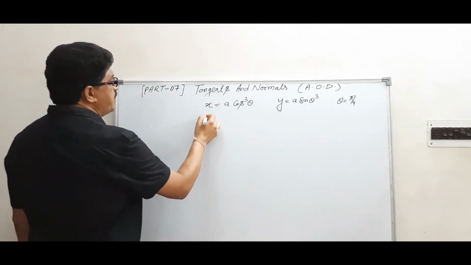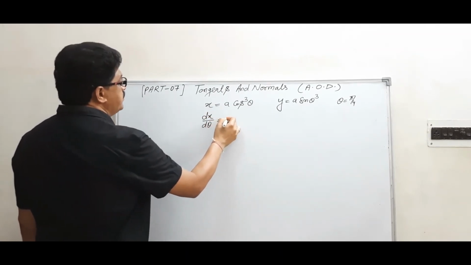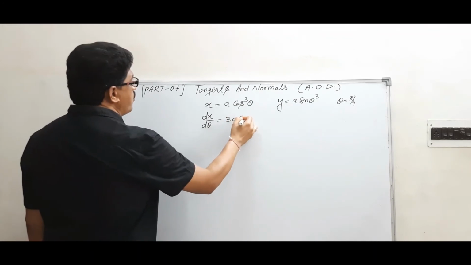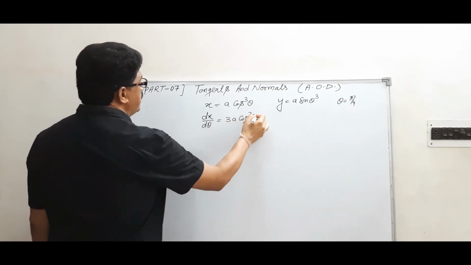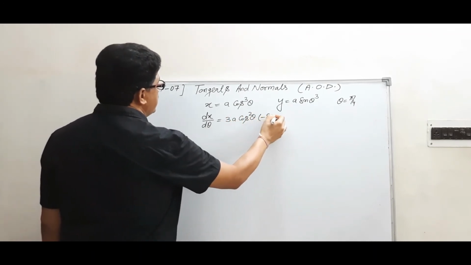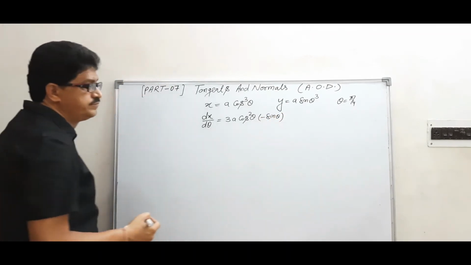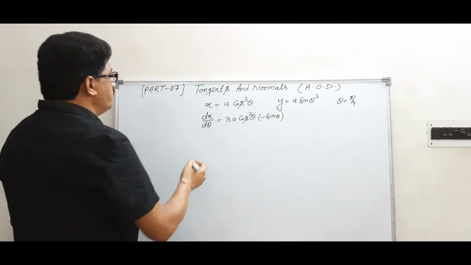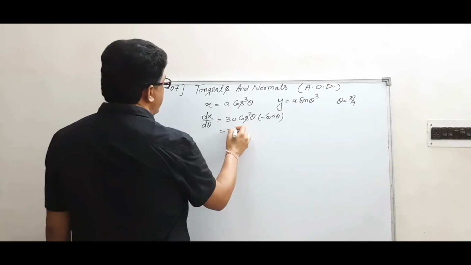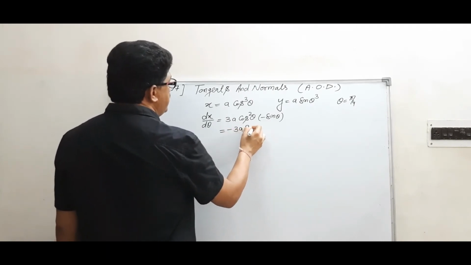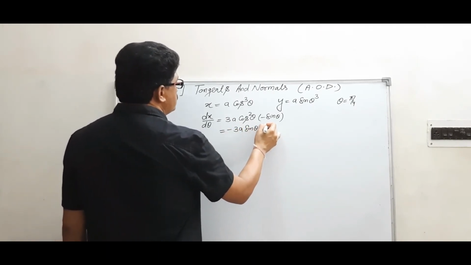First of all, you find dx by d theta: 3a cos square theta into minus sin theta, so minus 3a sin theta cos square theta.